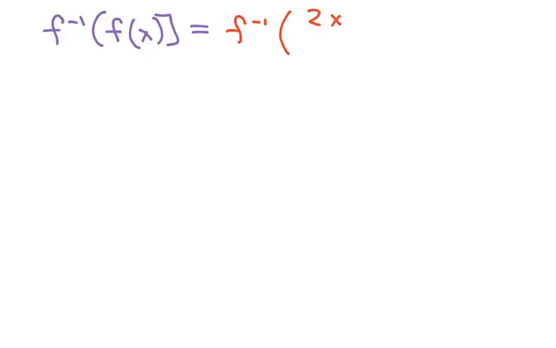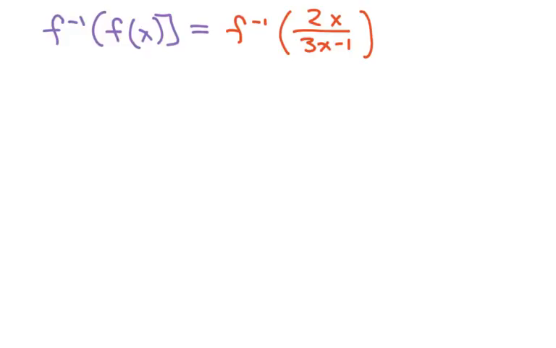And we have to also go the other way. So we're going to compose f inverse with f of x. So in this one, my function is going to be f inverse composed of 2x over 3x minus 1.